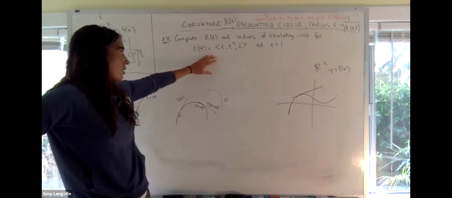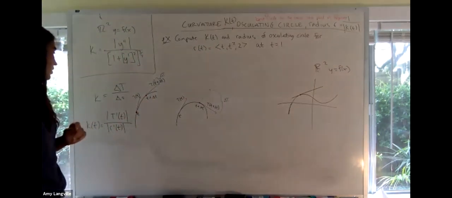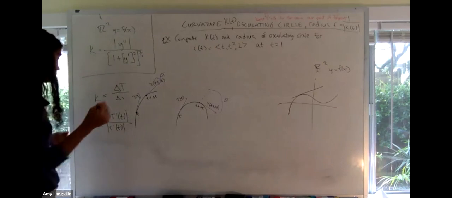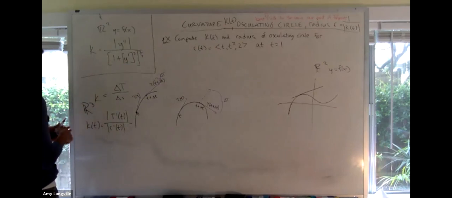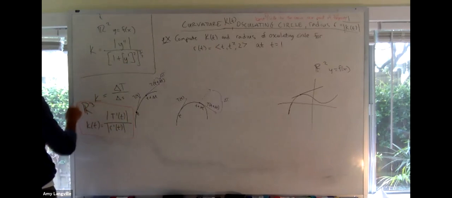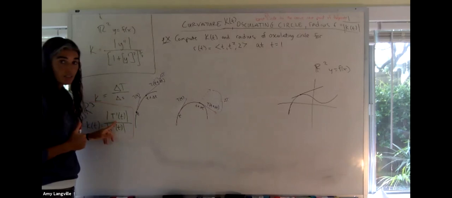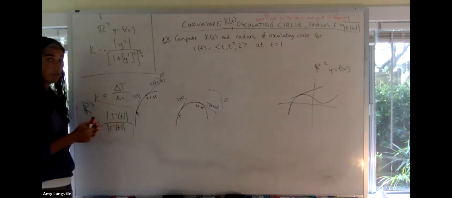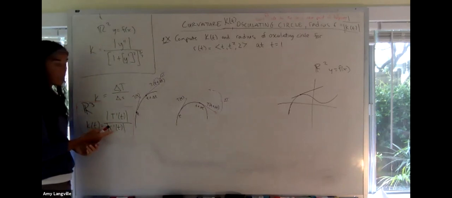Before we get to visualizing this space curve, I want to talk about the curvature formula for us in R3. What we need is in this box. The curvature formula in R3 is: we take our unit tangent vector T, take its derivative, get the length of that, and divide it by the magnitude of the first derivative of the function, which is also the velocity.